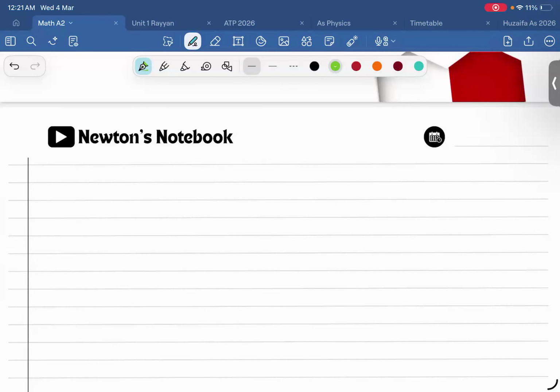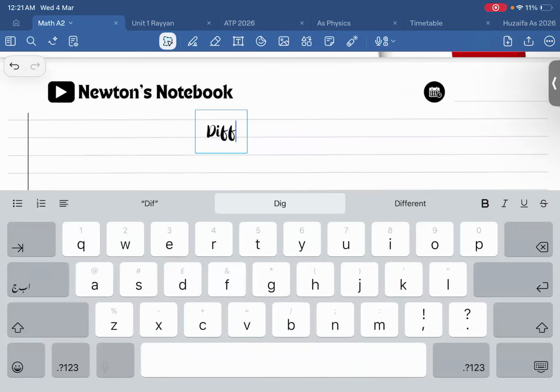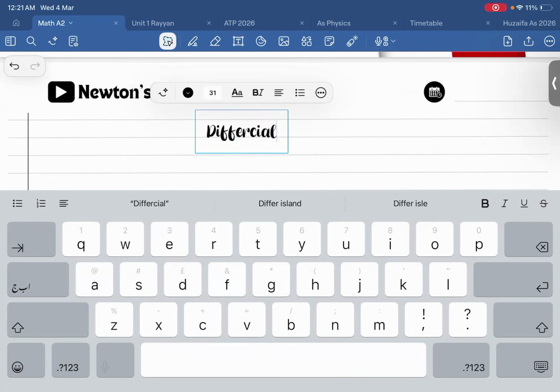Okay, so we basically have the differential equation.